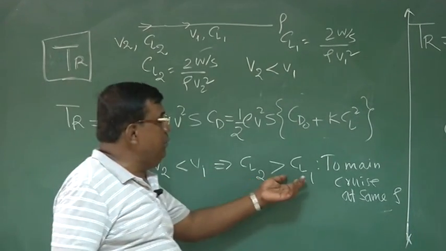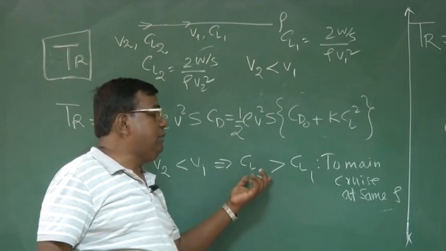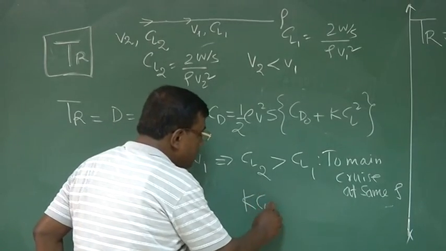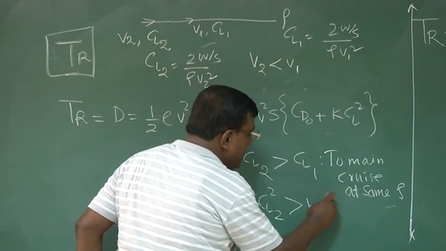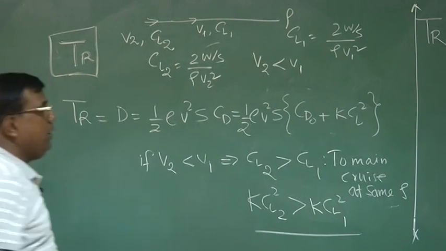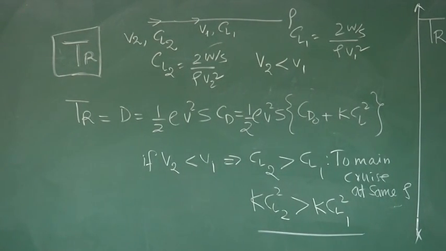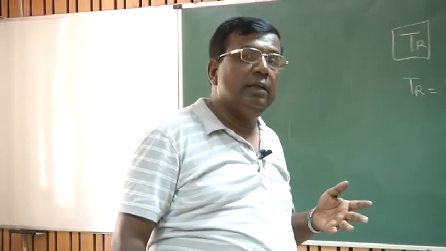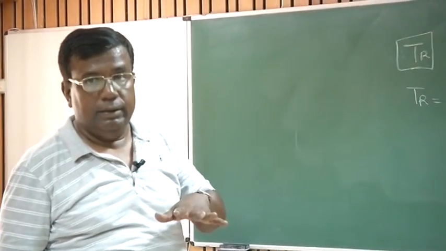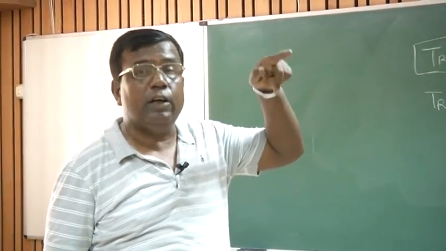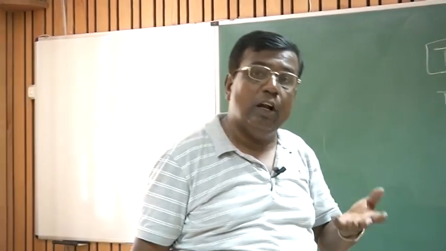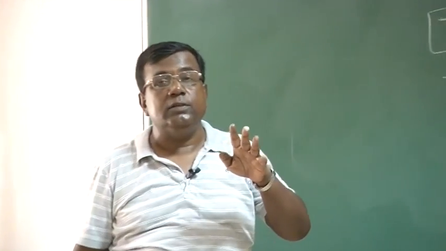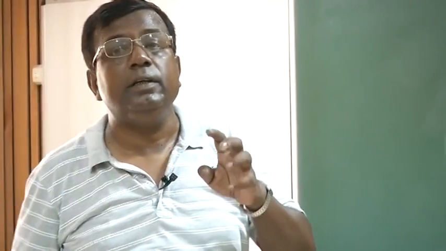CL2 greater than CL1 means the induced drag at CL2 at V2 will be more. So K CL2 square will be greater than K CL1 square. So what is the message? If I am maintaining cruise at the same altitude, and flying at a higher speed, then the induced drag will be less. As the speed increases, the induced drag component will reduce because the CL requirement is less. If I am flying at a lower speed, then the CL requirement will increase, so the induced drag part will increase.